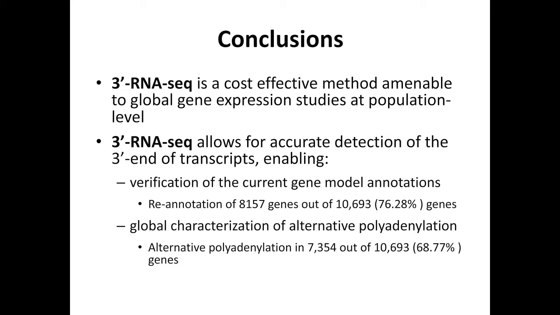That means we found that 7,354 genes had alternative polyadenylation sites, which, if you consider the 10,693 genes expressed in adipose tissue, is almost 70% of the genes. So 70% of the genes show alternative polyadenylation, which is a huge amount of variation.